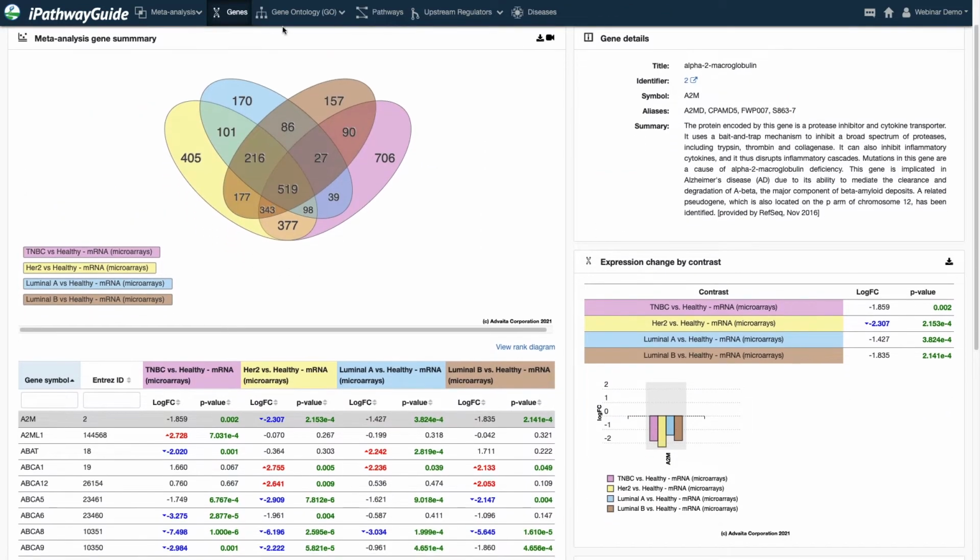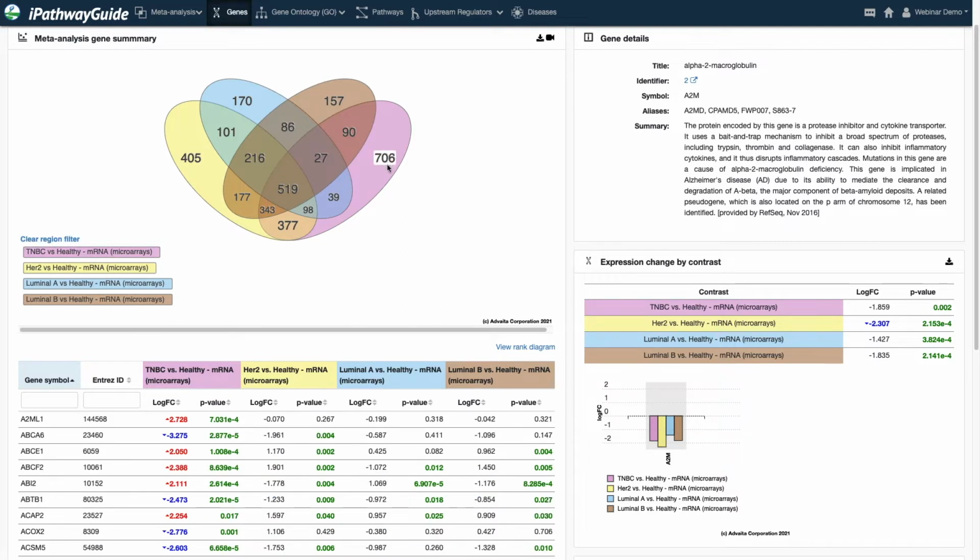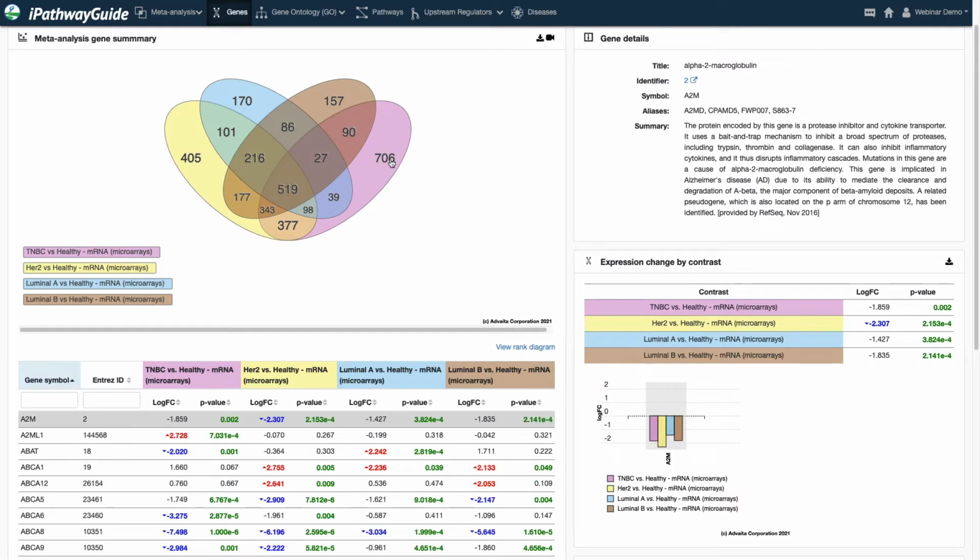Okay, here we are in the Genes tab. You can see across the top the different modules of the analysis go from simplest to most complex. And here what we are looking at is a Venn diagram comparing the genes that are differentially expressed in each of the 4 contrasts. So the way you read this is that there are 706 genes that are uniquely differentially expressed in triple negative.